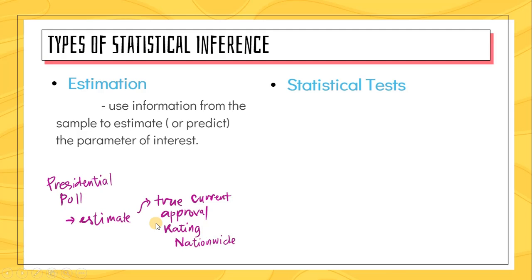Type 2 would be the null is false, but we do not reject it. So the null is false, so not innocent.